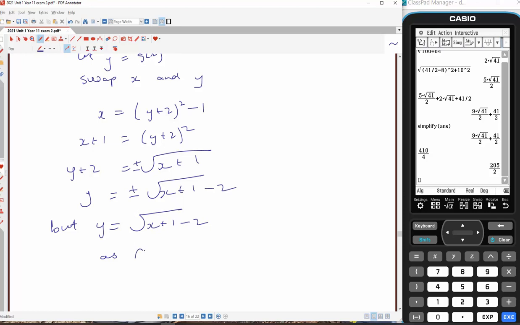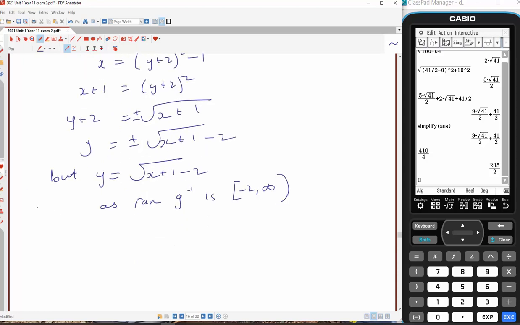So y is equal to root of x plus 1, take 2. Therefore, finally we'll say g inverse of x is equal to root of x plus 1, take 2.